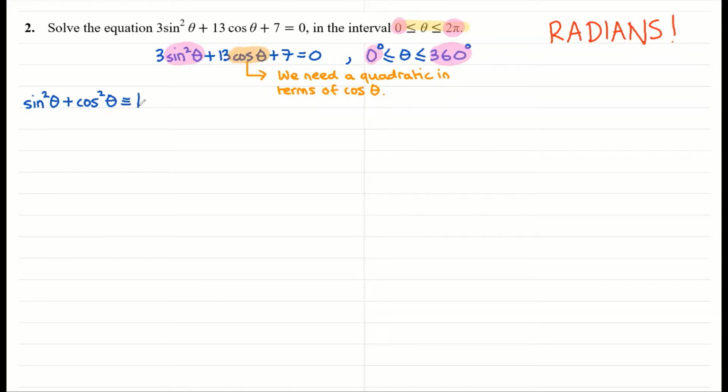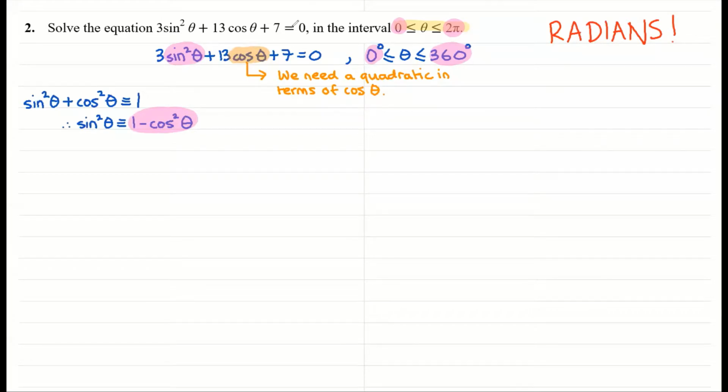Let's make sine squared theta the subject. So sine squared theta is identical to 1 subtract cos squared theta. We can now make a straight substitution for the sine squared, and this will get you your first method mark.